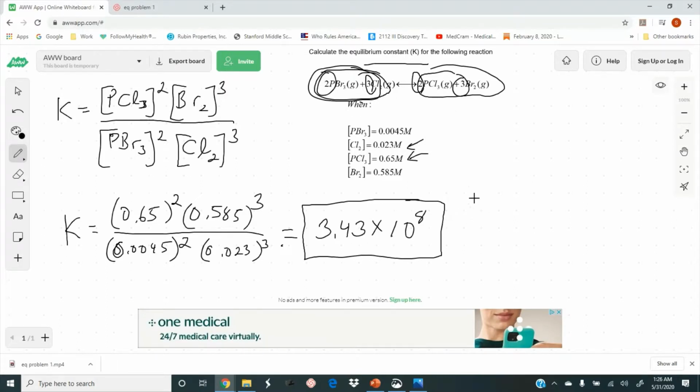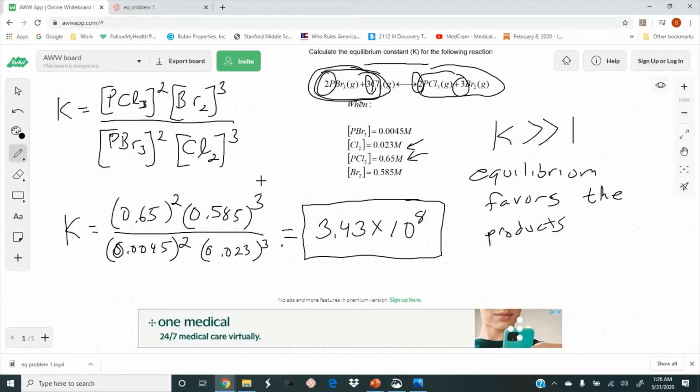We say, in this case, with a K that is larger than 1, actually usually much larger than 1, it means that the equilibrium favors the products.